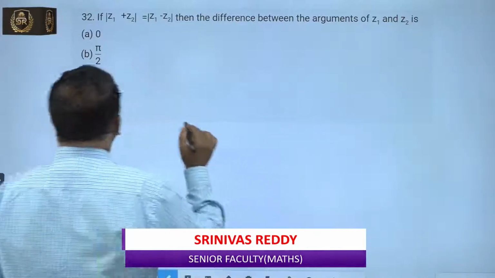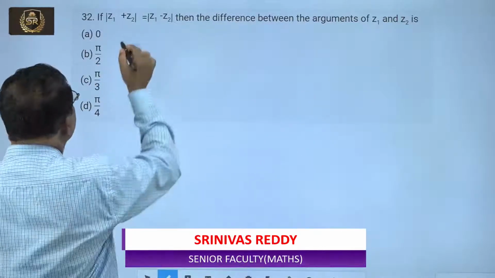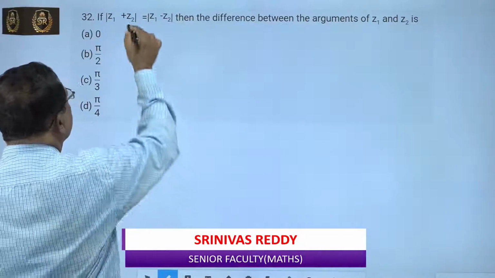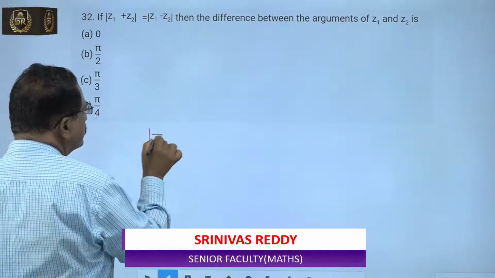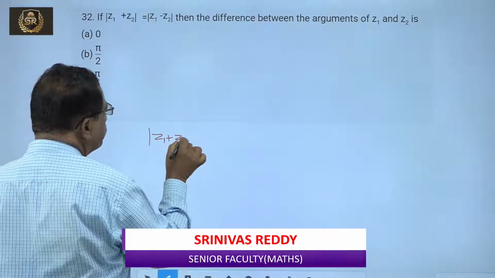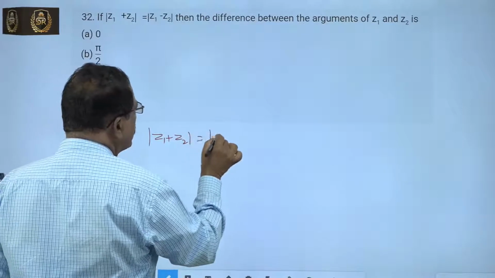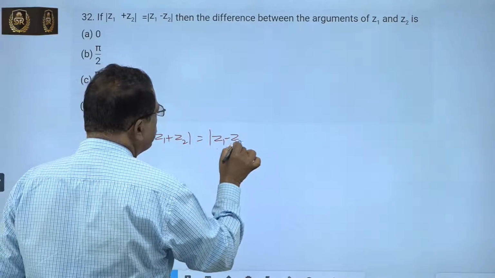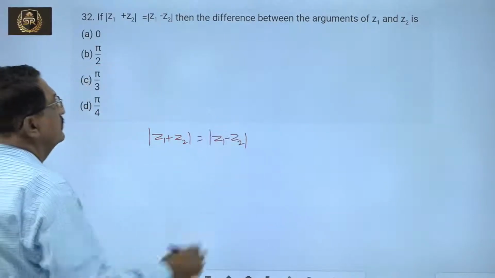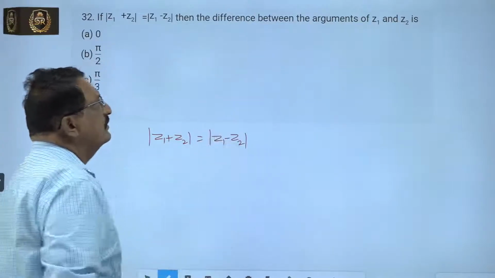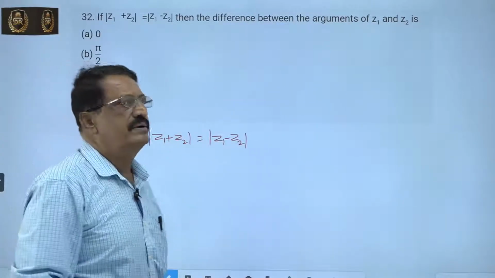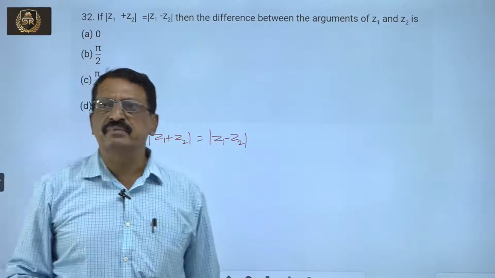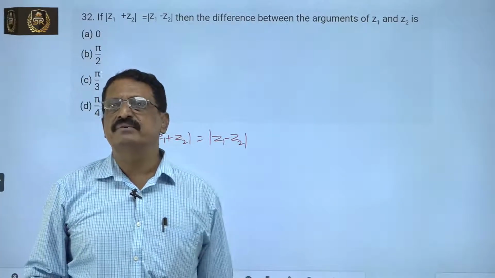Next, if here given condition mod of z1 plus z2 equals mod of z1 minus z2, then the difference between arguments of z1 and z2, means required argument of z1 minus argument of z2.